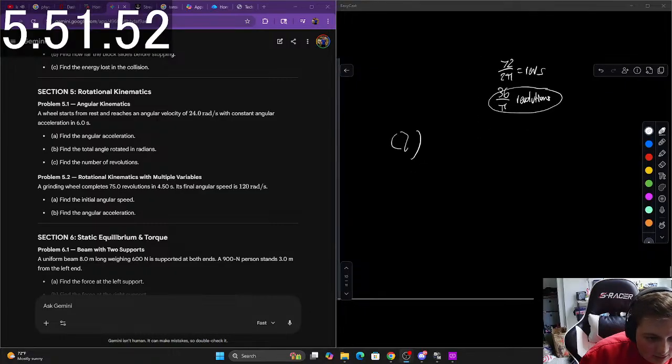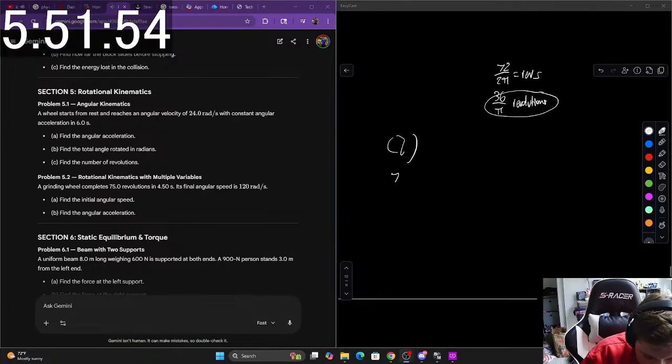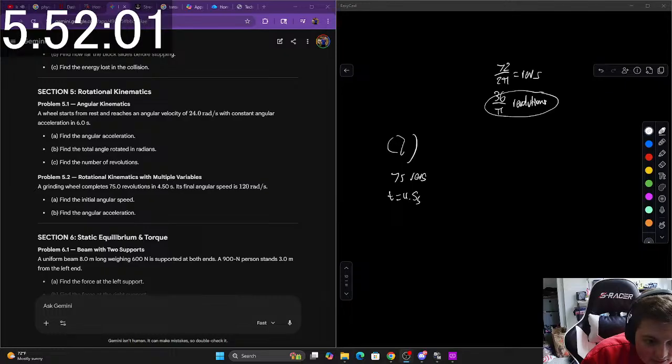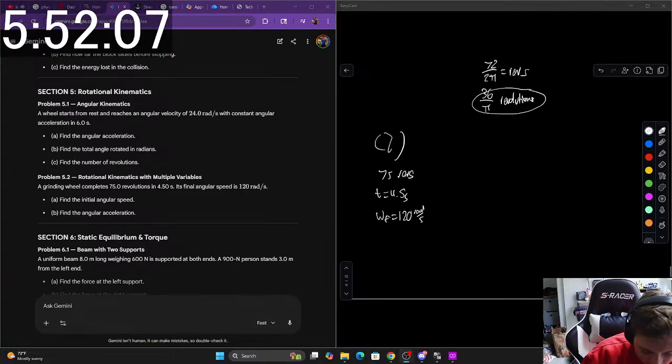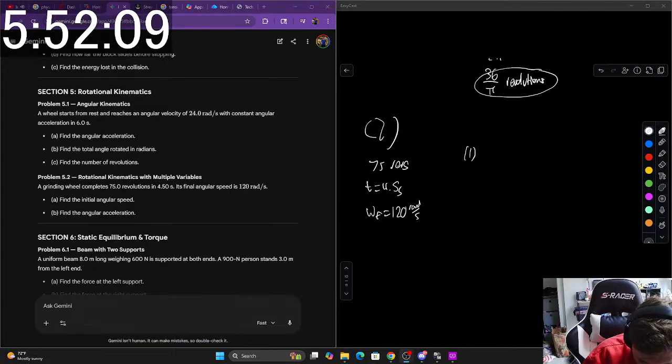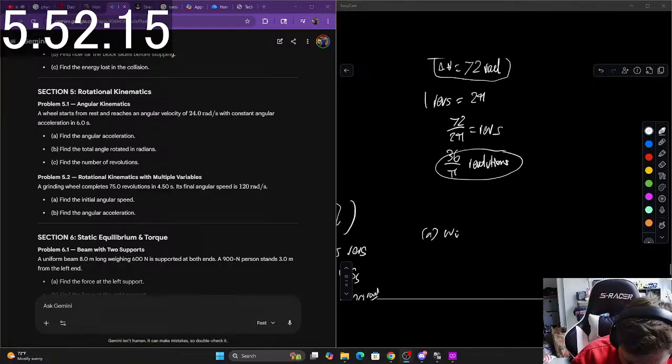A grinding wheel completes 75 revs in 4.5 seconds. Its final angular speed is equal to 120 radians per second. Find the initial. So it's going to be similar to this last equation.